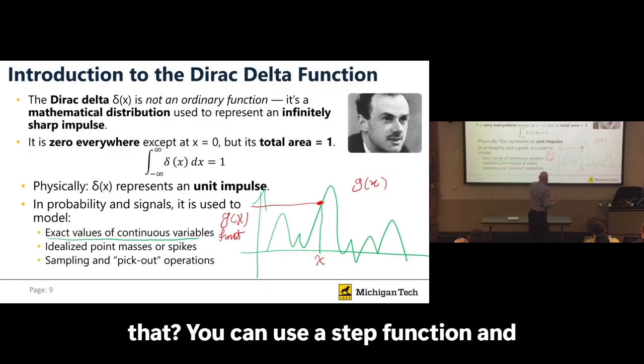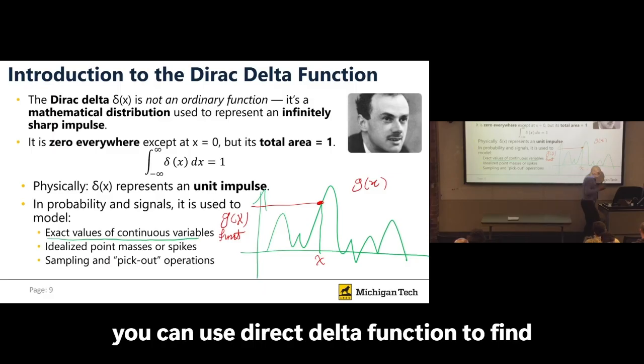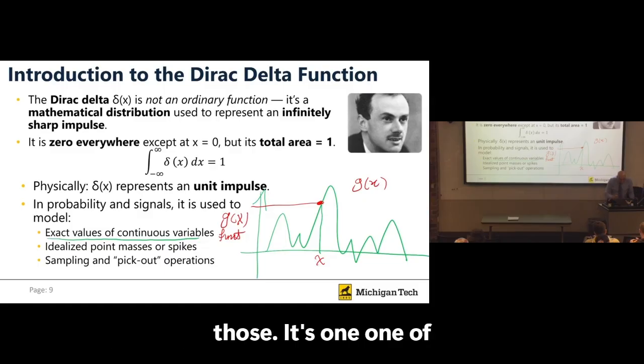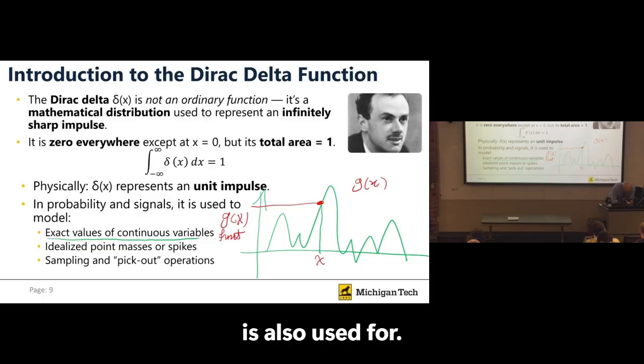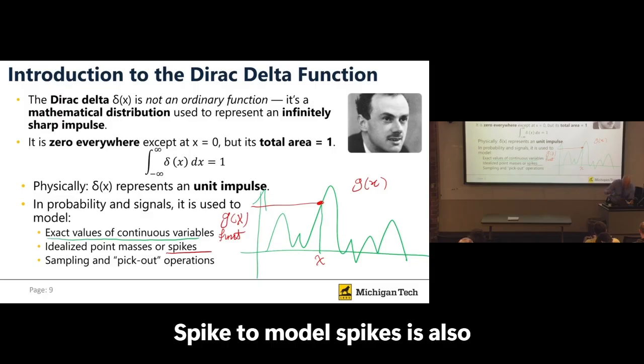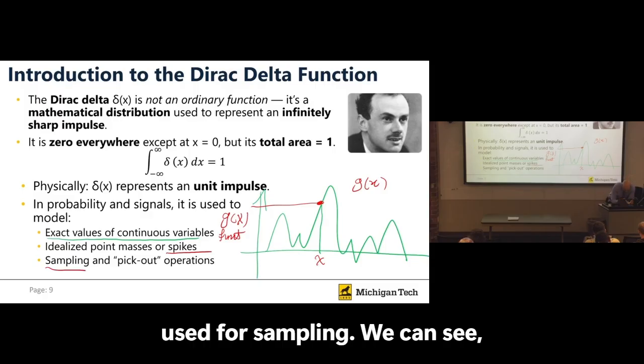You can use the Dirac delta function to find those values. This is called extracting the exact value of a continuous variable. It's also used to model spikes, and it's also used for sampling.